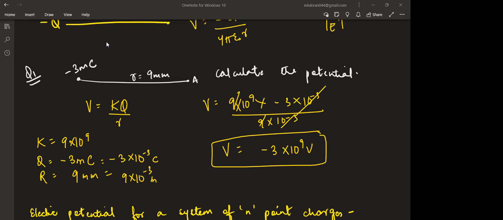Test for first chapter on Friday. Test is on Friday. First chapter will come. What we are studying today won't come. Electric charges and fields will come.